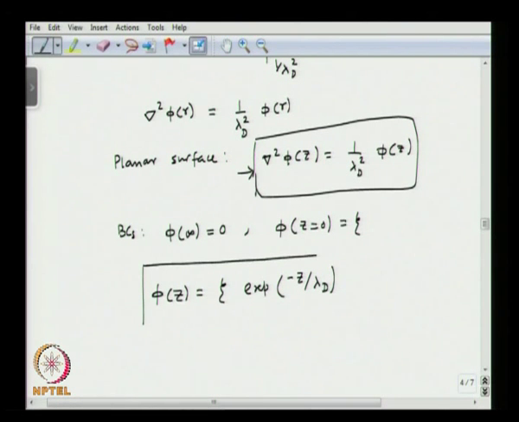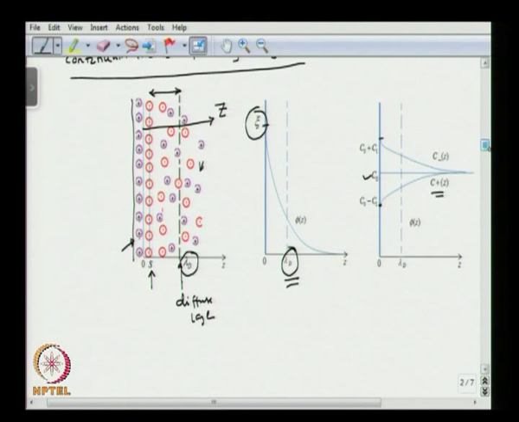So this shows how the potential varies from the wall into the bulk. We see that the potential decreases exponentially from the surface into the bulk, and that is what we see pictorially here, where phi is reducing exponentially into the bulk liquid.